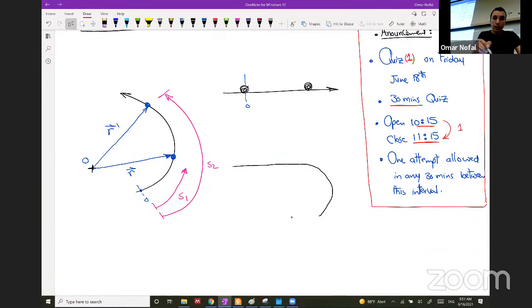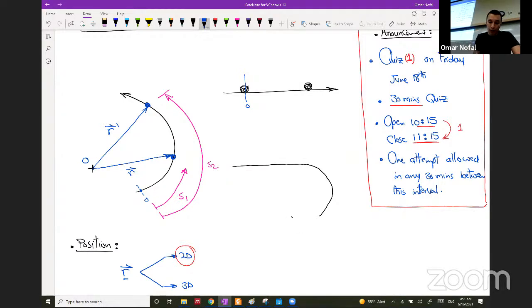All right, so let's define our motion. We define the motion first with the position. For the position, we use a vector, and our vector could be in 2D or in 3D. If the motion is in 3D, it will be 3D, but in our dynamics class, we will be focused only on 2D motion.